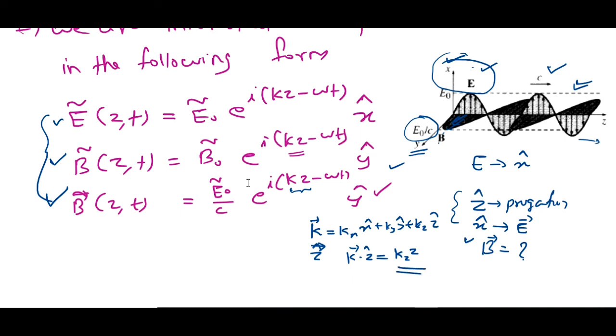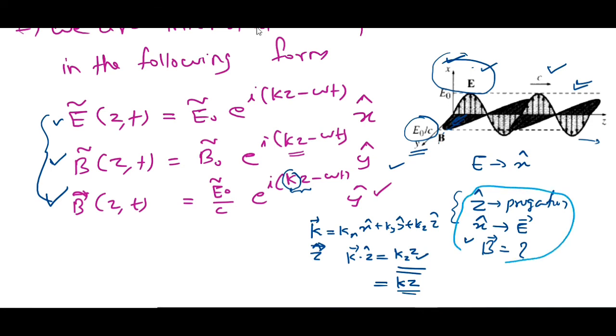Here, since the wave is propagating along the z direction, it is understood that kz is nothing but k along the z direction. Simply we will write kz. Let us come back to this one.